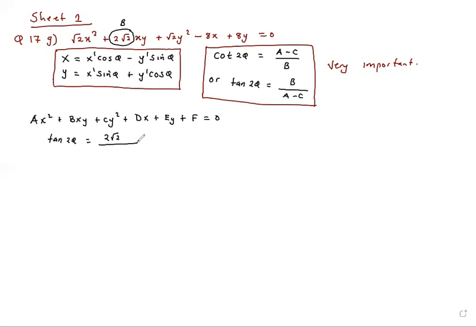Now a is root 2, c is root 2. So what do we get? We get 0 in the denominator. So we have 2 root 2 over 0, undefined.